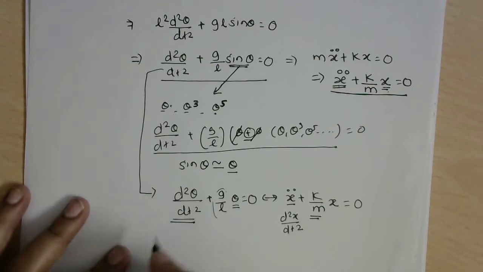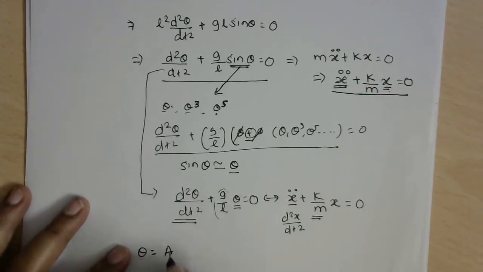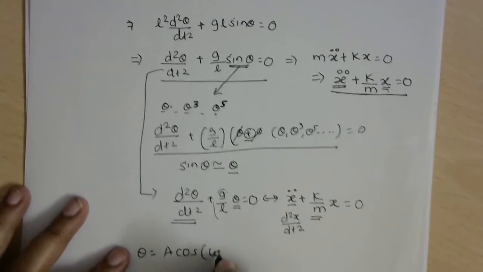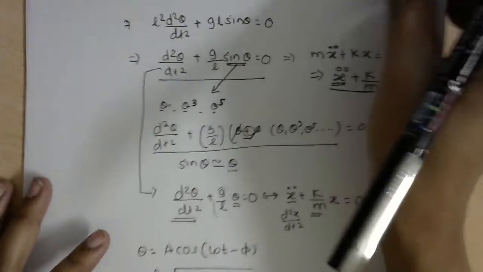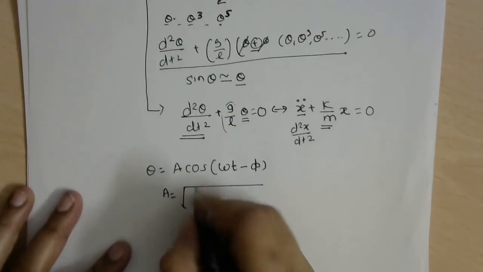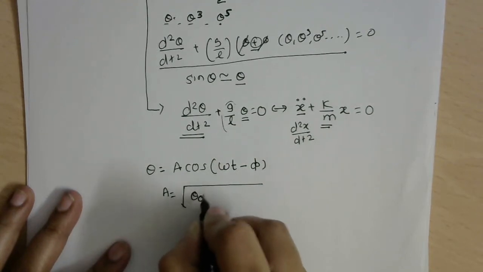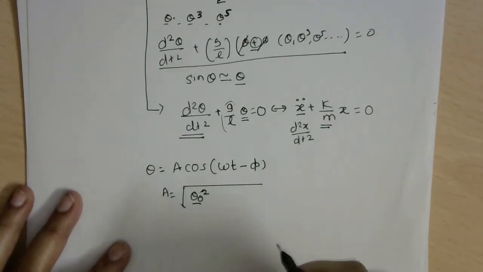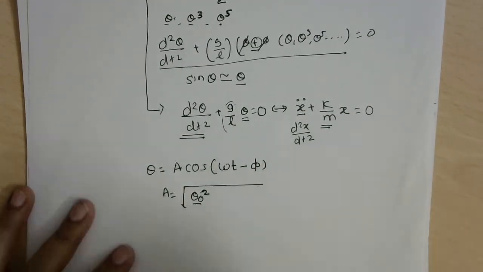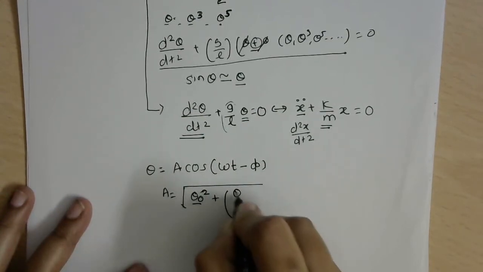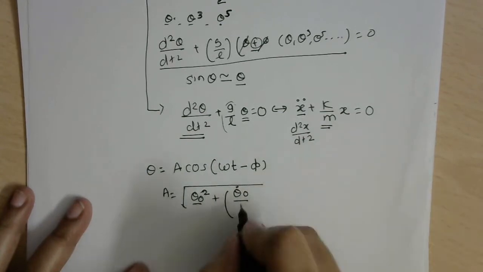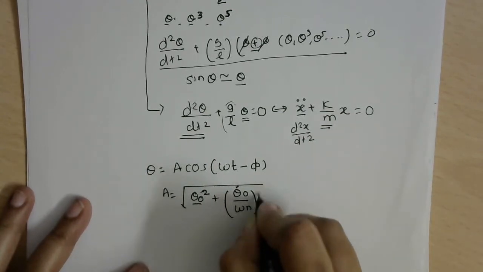If you do so, you can say that theta is nothing but A cosine of omega t minus phi, where A is the amplitude of oscillations, and you can write A as the square root of theta 0 square, that is the initial displacement, the initial angle theta to start with, whatever initial angle you are giving, plus theta dot in the beginning divided by omega n, whole square.